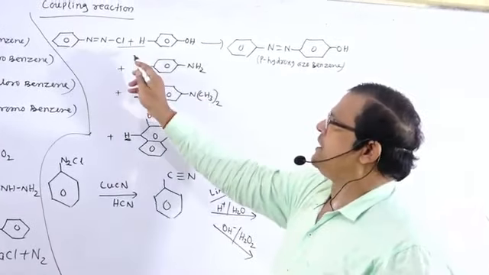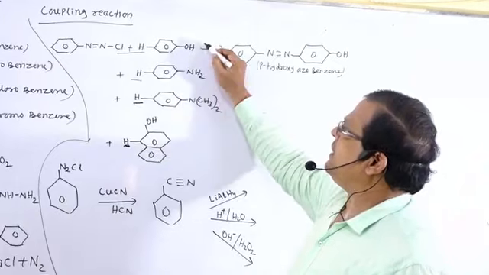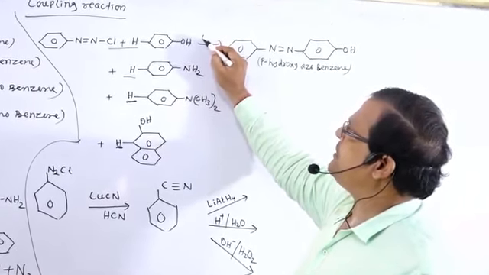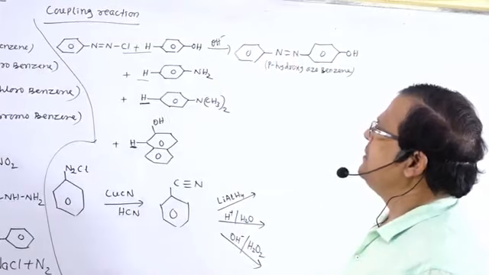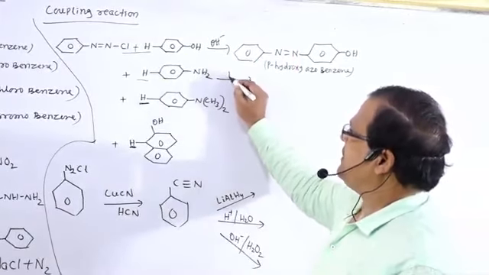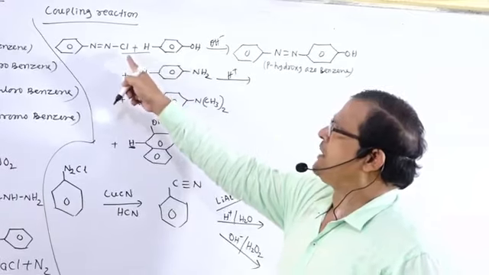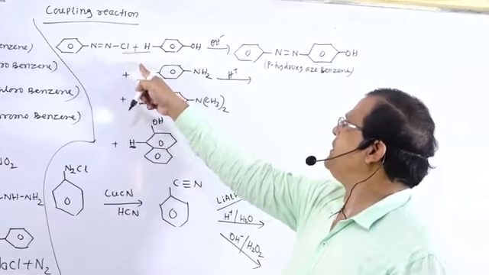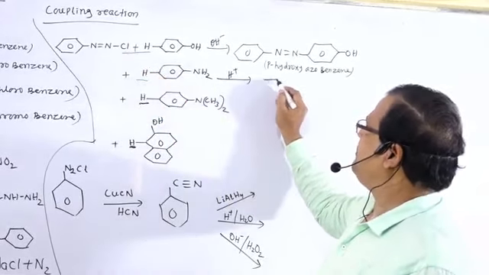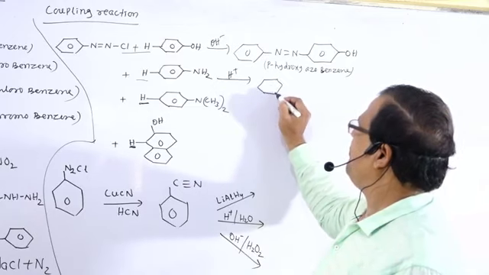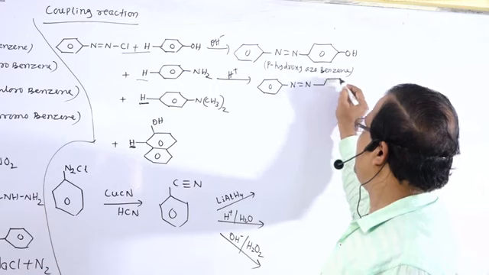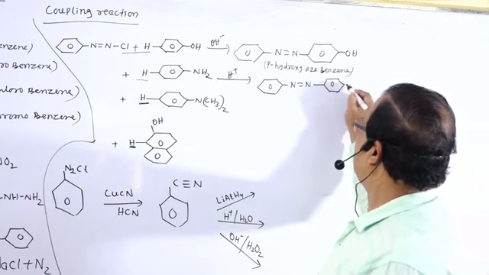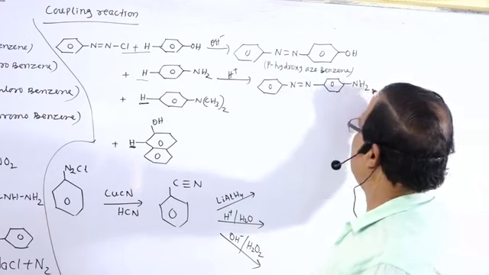So BDC treated with aniline, this reaction takes place in presence of acid, so H part and Cl part combine to form HCl. So there is the formation of benzene N double bond N benzene NH2.